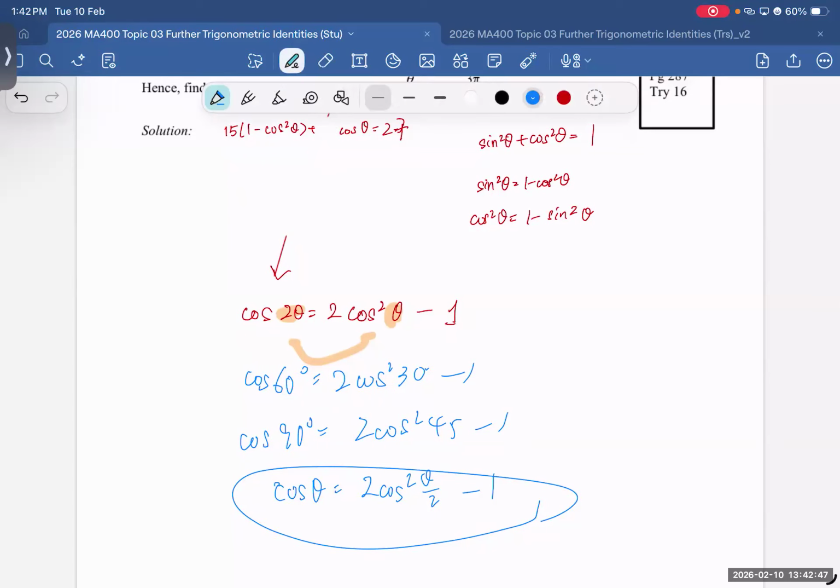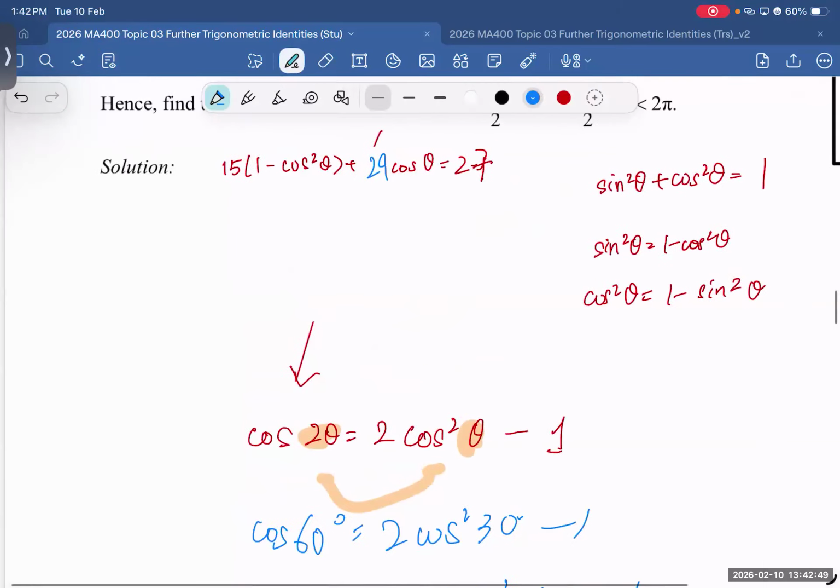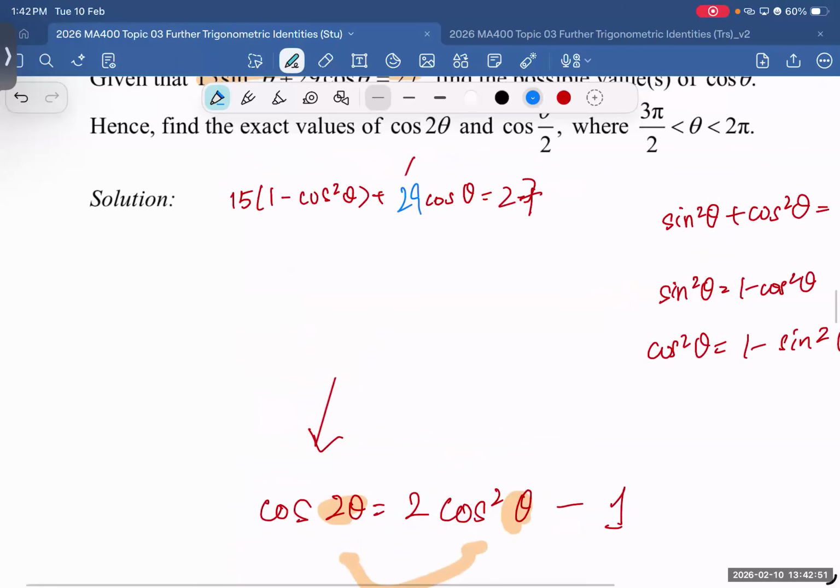Okay, so now you have 29, right? After you have that, what do you do next? Oh, yeah, expand. Expand.